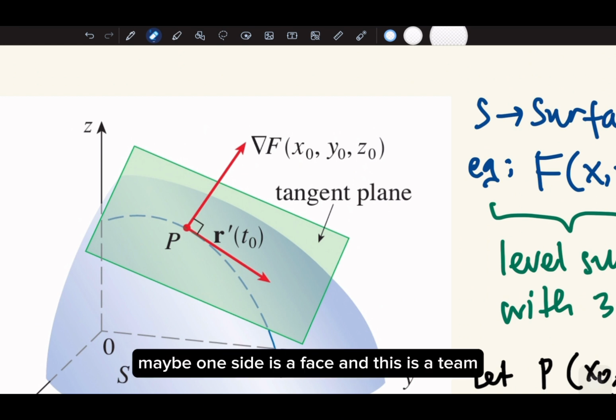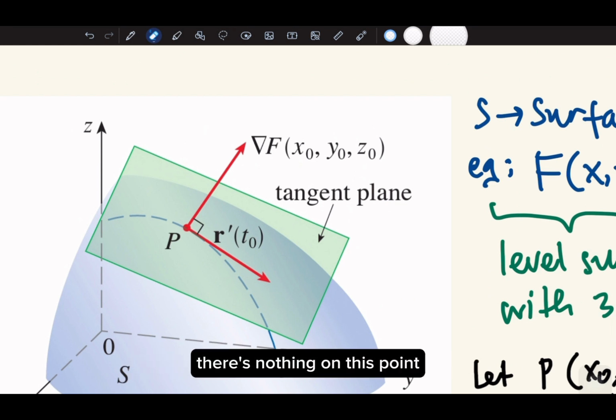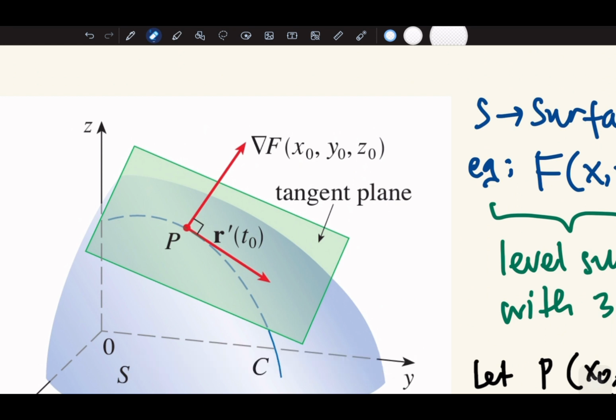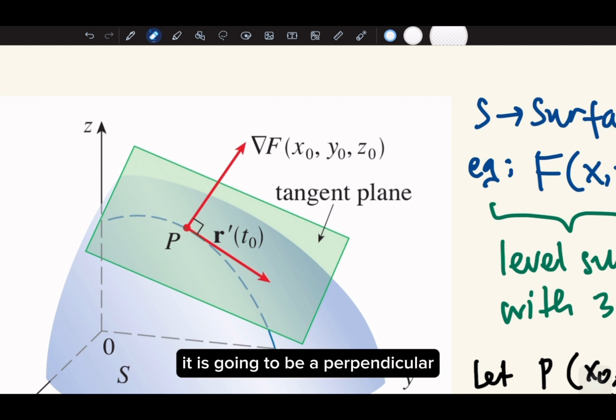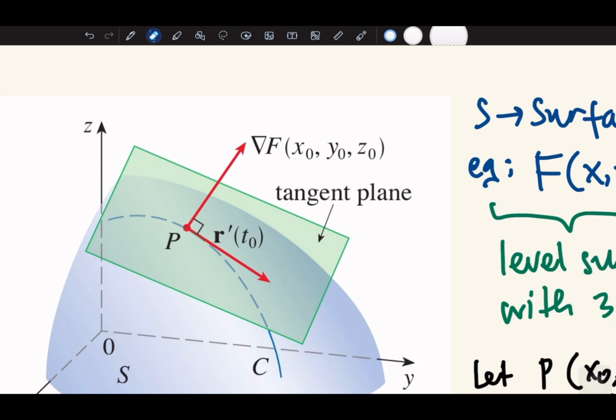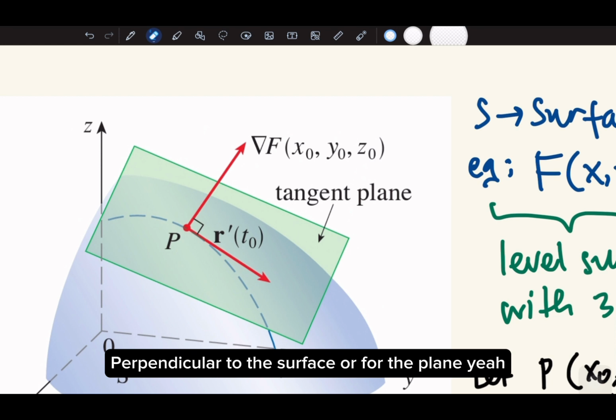Maybe one side is this surface, and this is the plane, so it's touching at this point here. How about the normal line? The normal line means it is going to be perpendicular, so it's actually like this, perpendicular to this surface or to the plane.